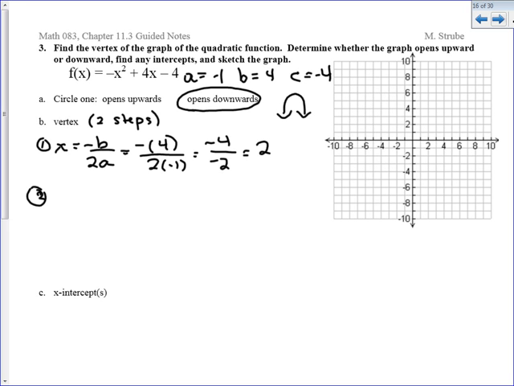The second part of that 2-step process is to substitute 2 into your function. And again, be mindful here of the negative x squared. The negative doesn't go in parentheses, it's just part of the function. The number we're substituting in goes in the parentheses, which is 2. Then we have plus 4 times 2 minus 4.